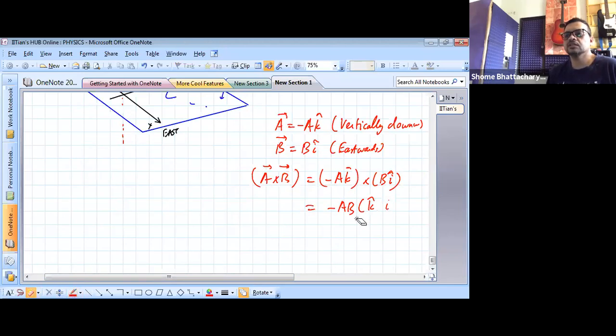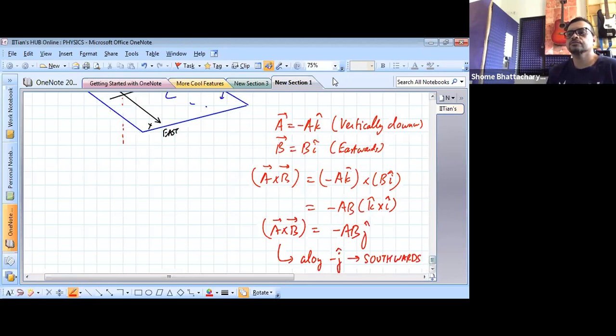It is j. So this cross product of the two unit vectors will be replaced with j. So the direction of this becomes along minus j cap, and minus j cap is what? Southwards. So this is along minus j cap, or southwards.